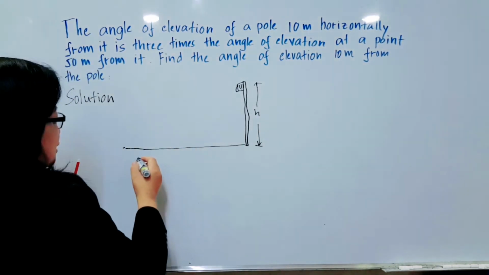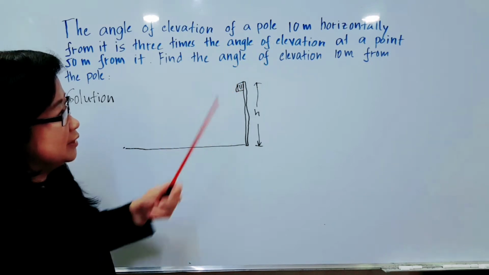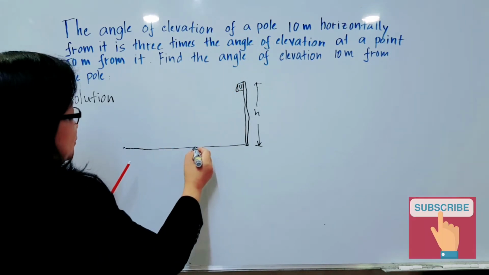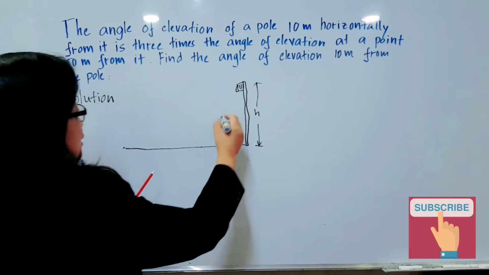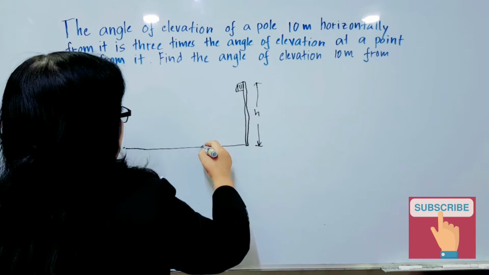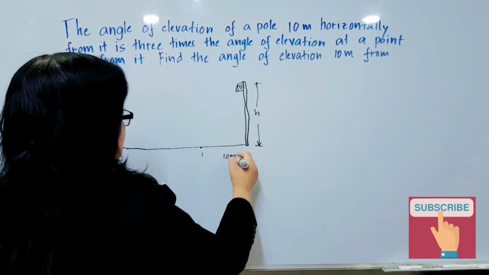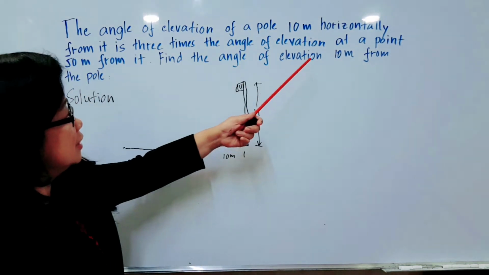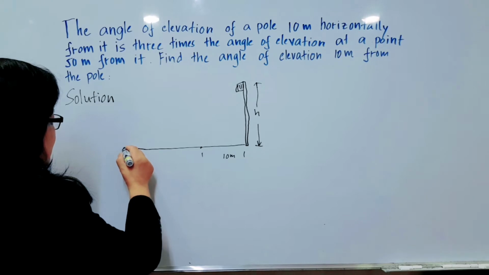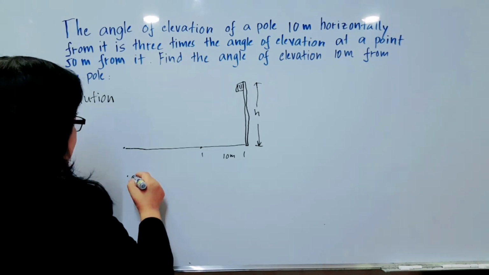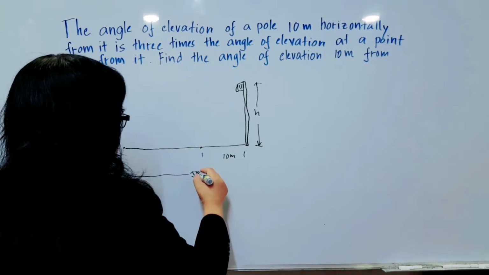We designate it. So, at a certain point, for example, 10 meters from the pole, so we have 10 meters here. And then another is 50 meters from the pole, so for example, this one, 50 meters from here.